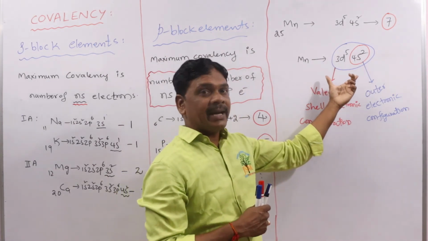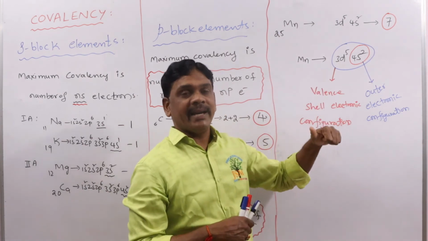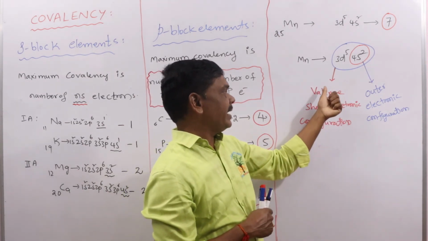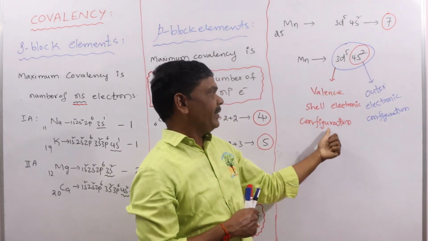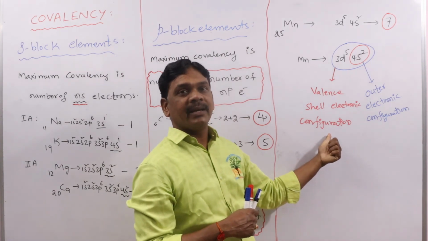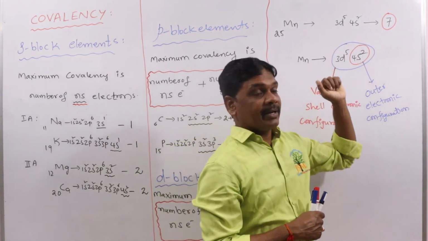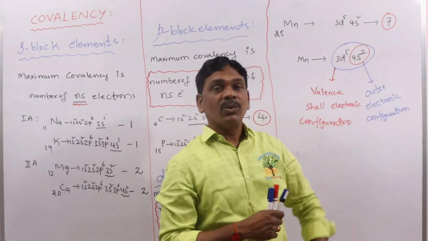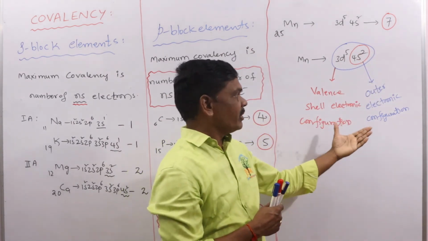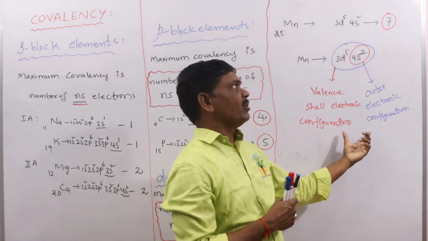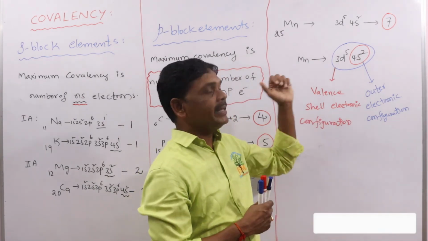But sometimes they ask: what is the maximum covalency of the valence shell electronic configuration of manganese? It will become 7, because ns plus n minus 1 d. This is the maximum covalency of manganese.